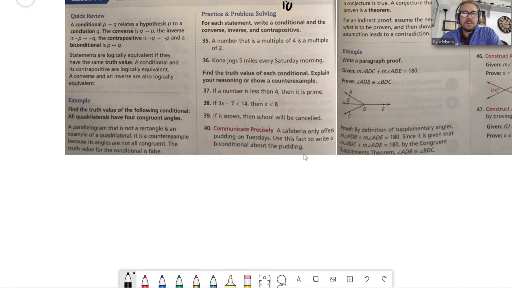If a number is less than 4, then it is prime. Well, this is sort of true, sort of not true. If we say a number, and you mean a natural number, natural numbers start at 1 and count to infinity. Excuse me, there's a hiccup.